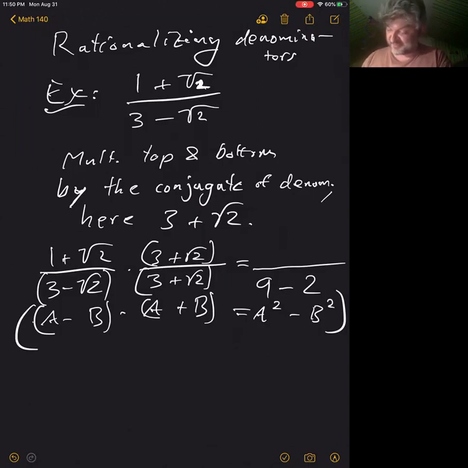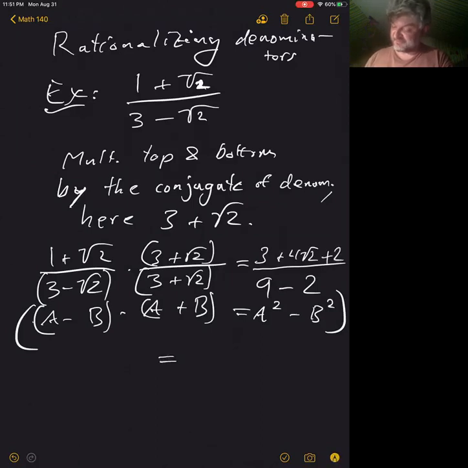So that's going to be FOILed out. And that's 1 times 3, the two firsts. The outers are 1 times square root 2. Then there's a 3 times square root 2, a total of 4 times square root 2. And finally, square root 2 times square root 2, that's a 2.